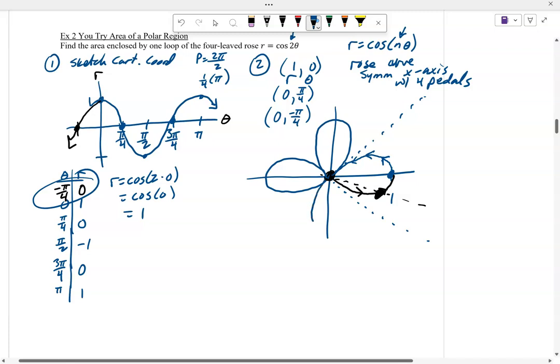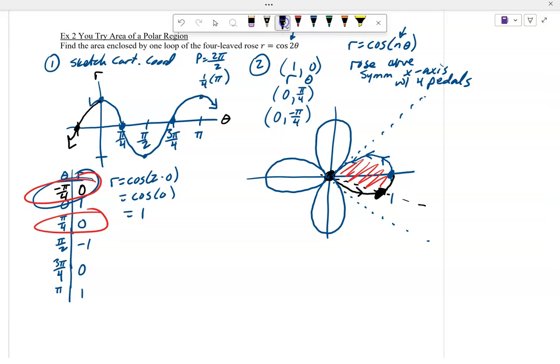All right, what we're concerned with is, can we find the area of one of them? Can I find the area of one of these petals? So we're going to go from that negative pi over 4 to pi over 4, right? So we can find the area of one loop.